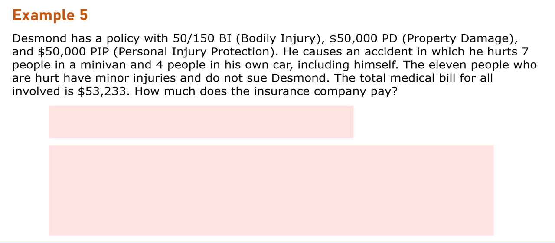Okay, so Desmond has a policy with 50/150 BI bodily injury, 50,000 for property damage, and 50,000 personal injury protection. So he causes an accident in which he hurts 7 people in a minivan and 4 people in his own car, including himself.